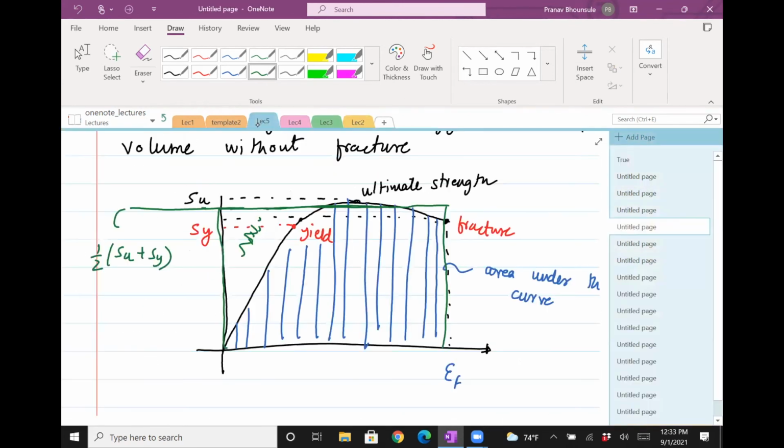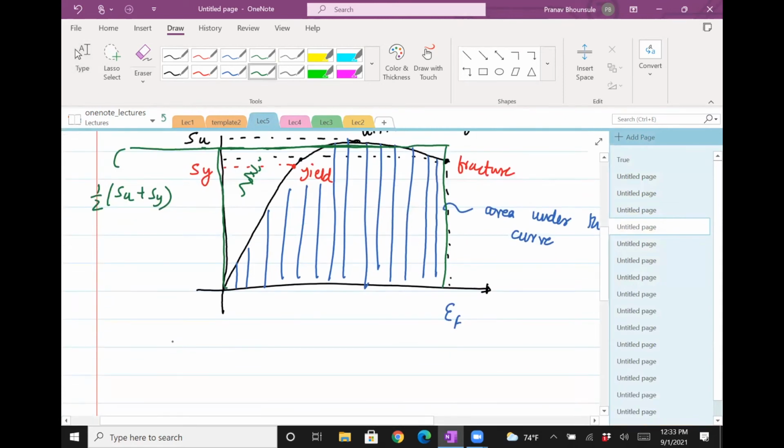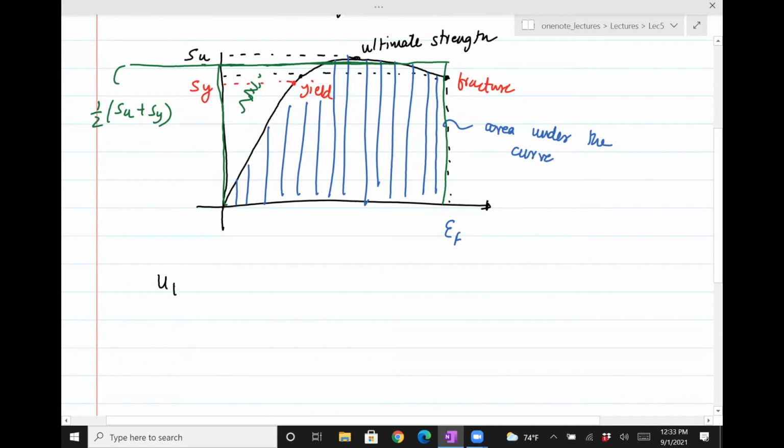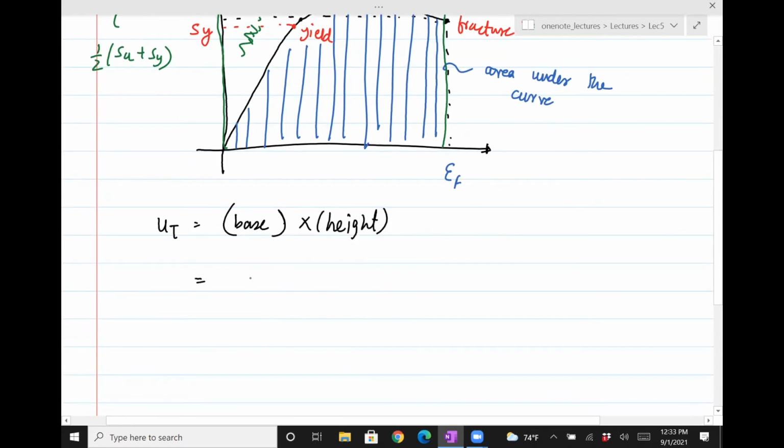So we just say that the area, U_T, is base times height, because that's the area of a rectangle. The base is EF, the height is the average of SU and SY.